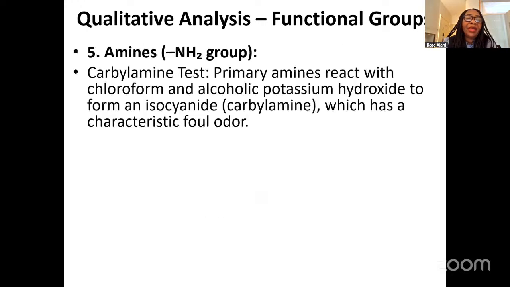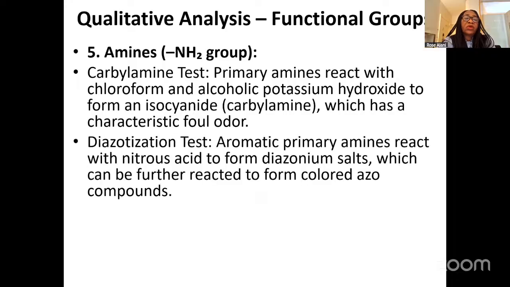So we have the amines. The amine group can be identified using the carbylamine test. Primary amines react with chloroform and alcoholic potassium hydroxide to form an isocyanide, or carbylamine, which has a characteristic foul odor.